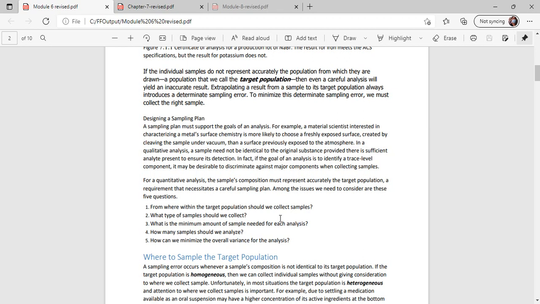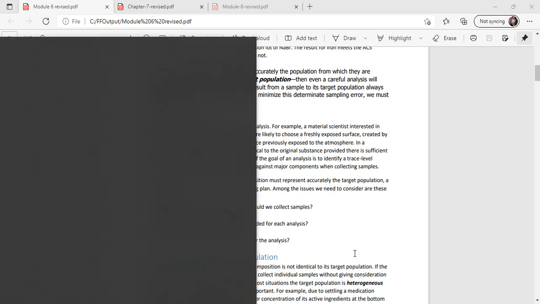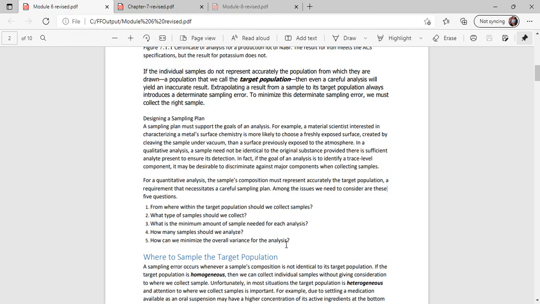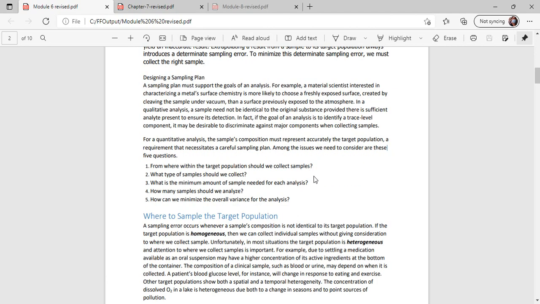Number 2, what type of samples should we collect? Number 3, what minimum amount of sample is needed for each analysis? Number 4, how many samples should we analyze? And number 5, how can we minimize the overall variance of your analysis?